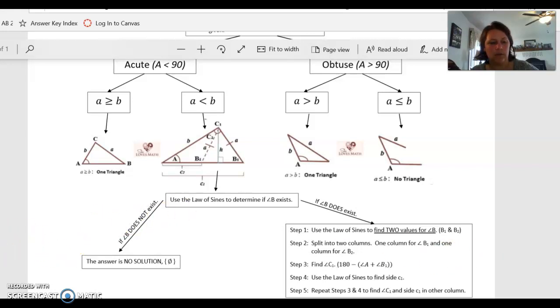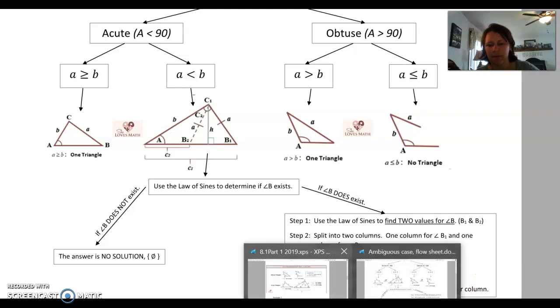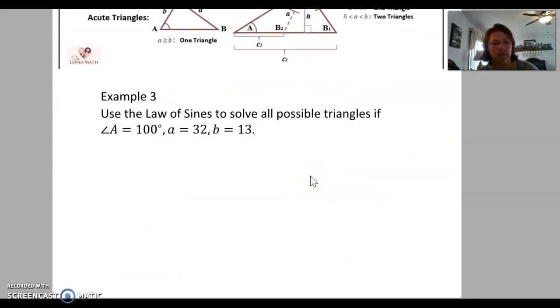Okay, so I've got that changed there. So that now says repeat steps 3 and 4 to find angle C sub 2 and side C sub 2 in the other column. Okay, so that breaks down this information better. And I will make sure to get that flow sheet out to everybody.